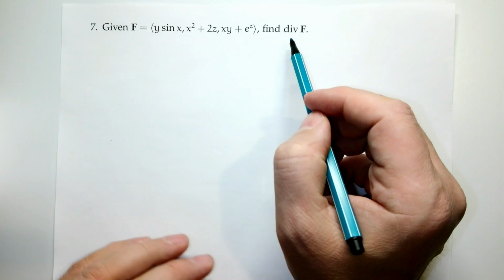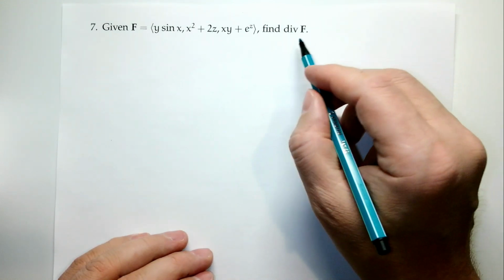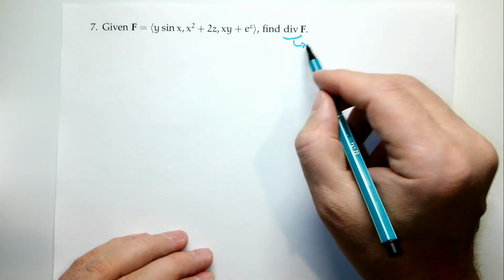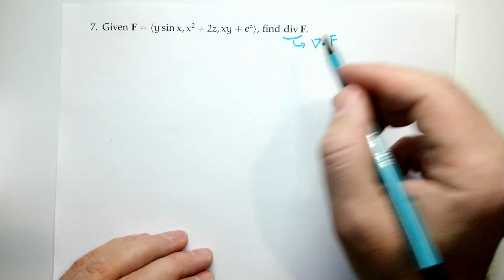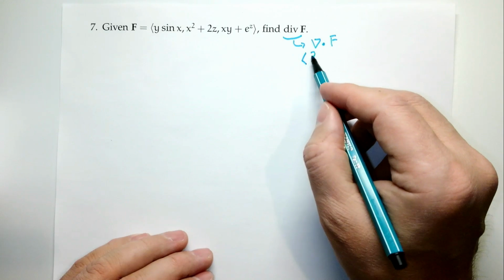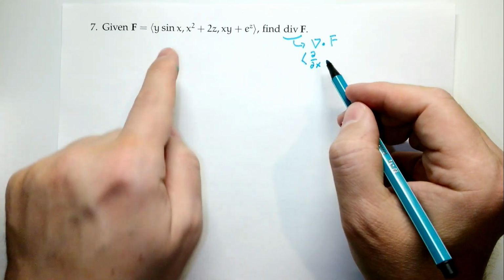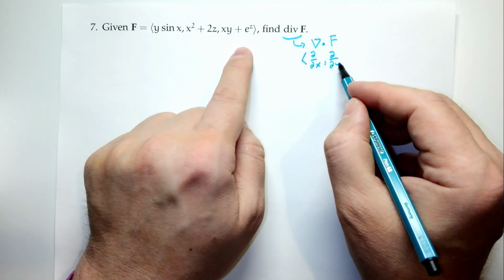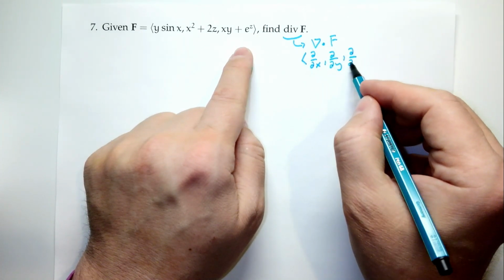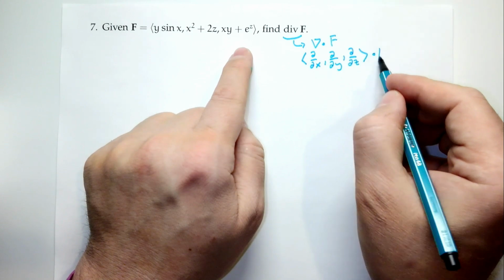We're asked to find the divergence. Now the divergence of f, remember this is the one that comes from the dot product, del dot f, and where del is your partial derivative. Since we're three variables, so that's three-dimensional del, so partial partial x, partial partial y, partial partial z, dot f.